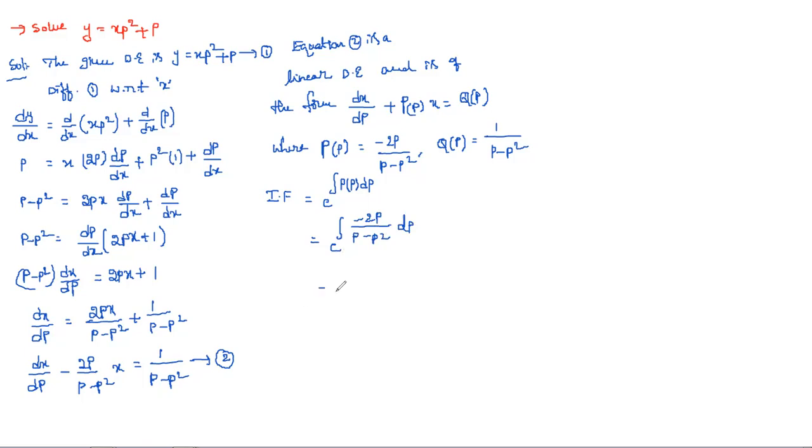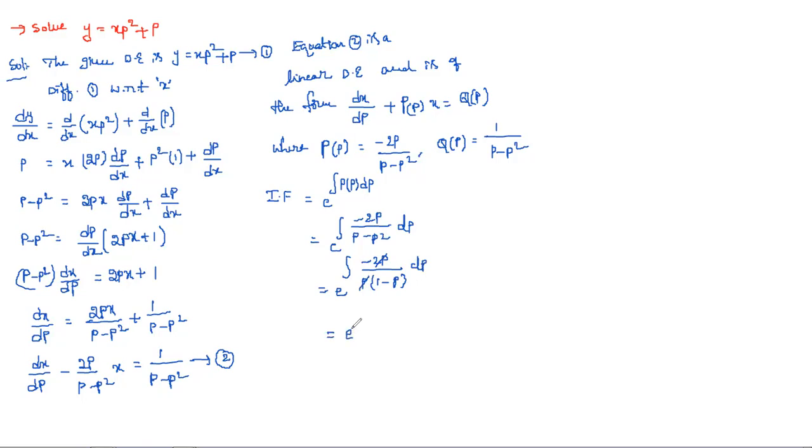So this is equal to e power integral minus 2p by, is there any term common here? p is the common one. So take that as common. After taking the common one, what about the remaining? 1 minus p dp. Here 2p, p both will cancel.